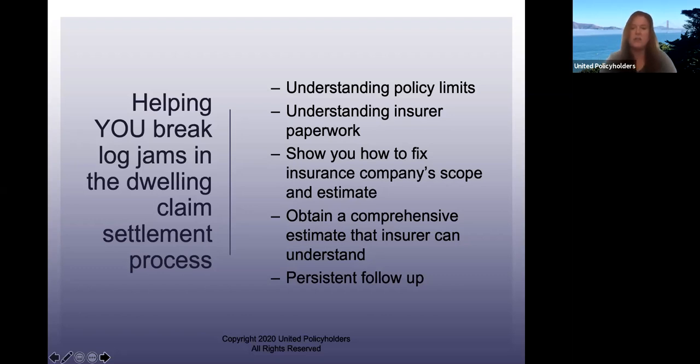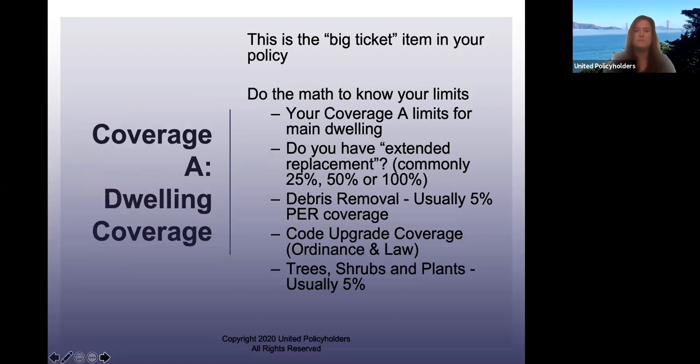To do that, we're going to talk about understanding your policy limits and understanding the insurer paperwork, because if you haven't done this before, it's quite a lot of new information. The key thing I'm going to do is show you how to fix your insurance company's scope and estimate, how to obtain a comprehensive estimate that your insurer can understand, and how to be persistent in your follow-up to get paid. So hopefully that's what you're all here for, and that's what we're going to really focus on.